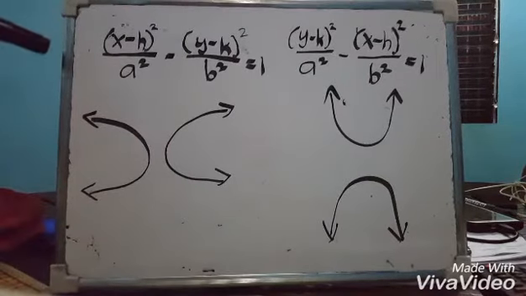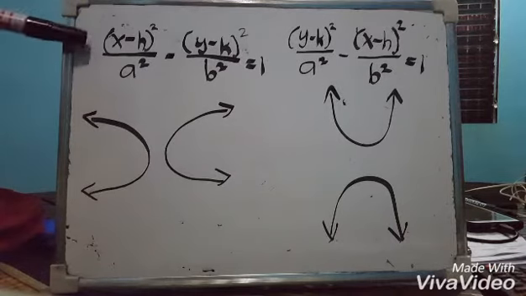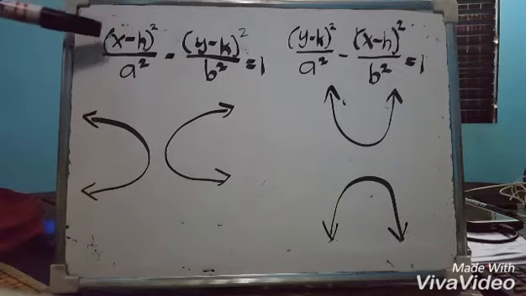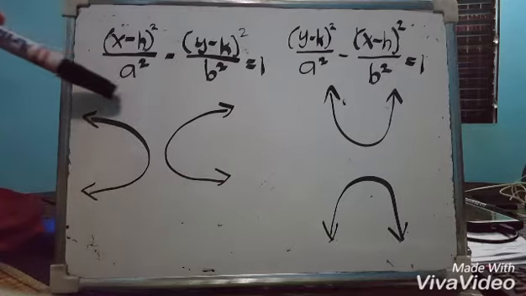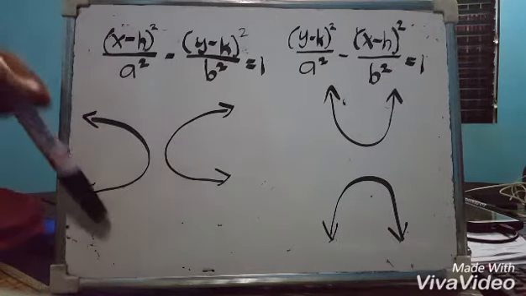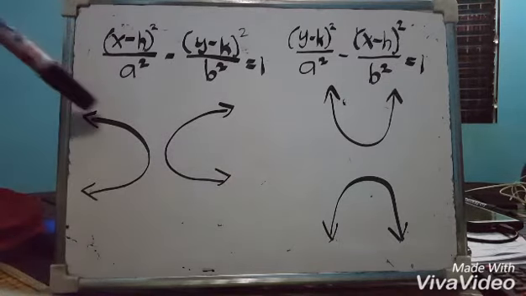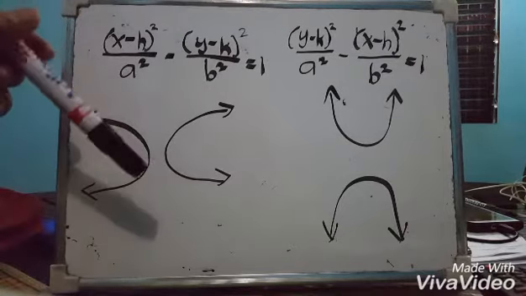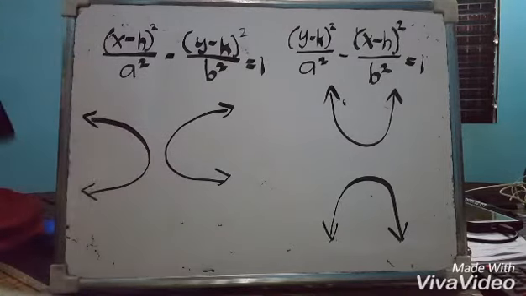So again, if ang naka-positive nga sign, in this case, ang naka-positive is ang variable x, so the graph of the hyperbola looks like this one. Okay, so it opens to the left, and to the right, at the same time.